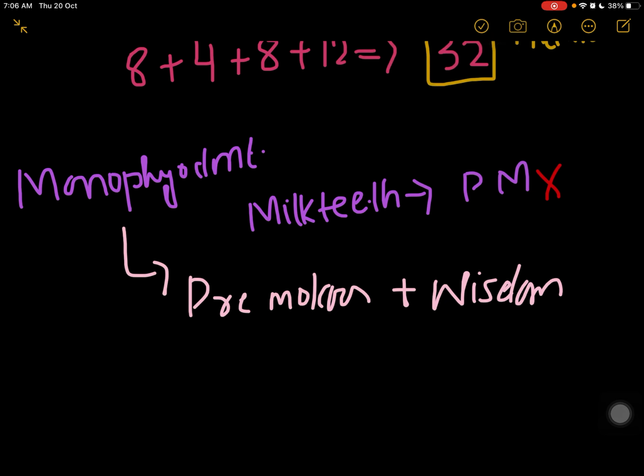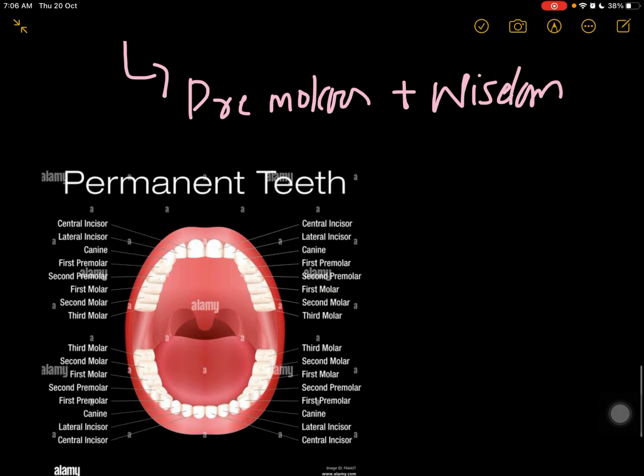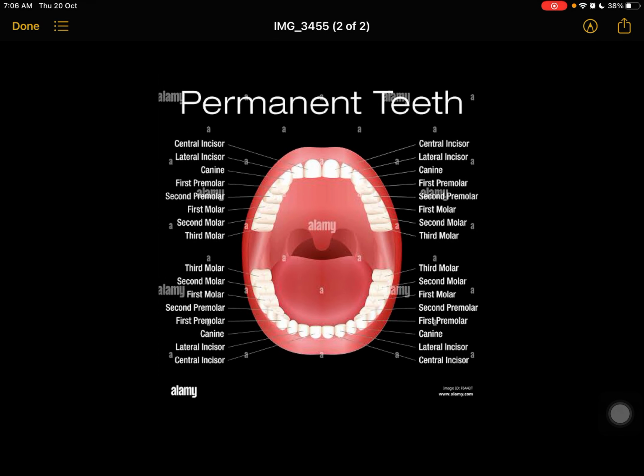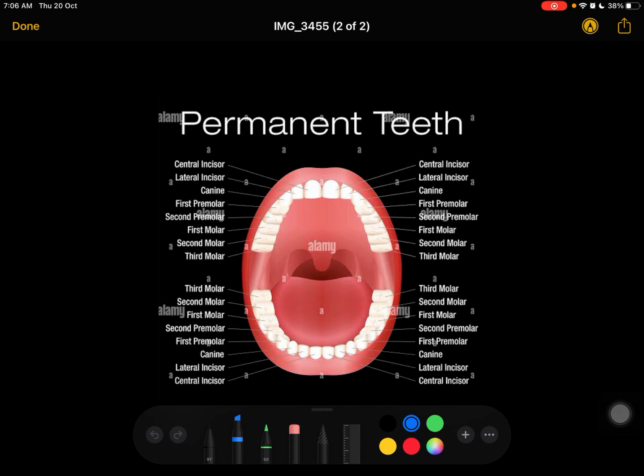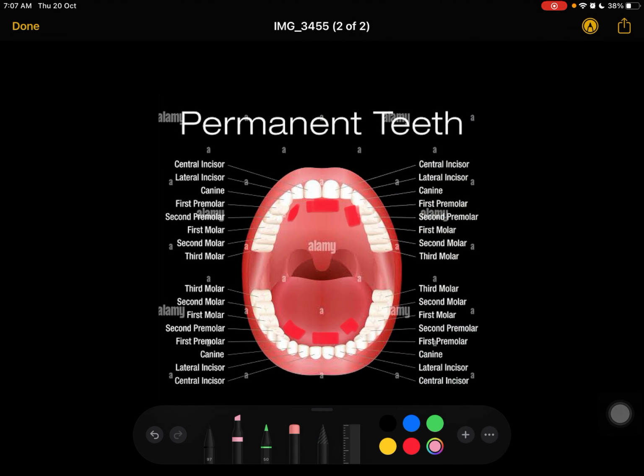So let me explain using a diagram over here. As you can see in this figure, these are the incisors, then we are having canines over here, then these are premolars, right?